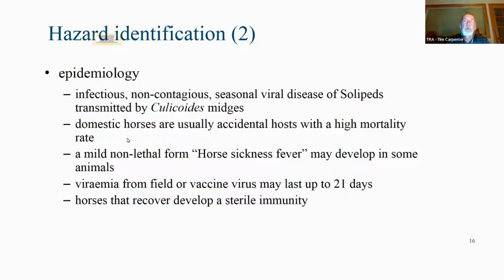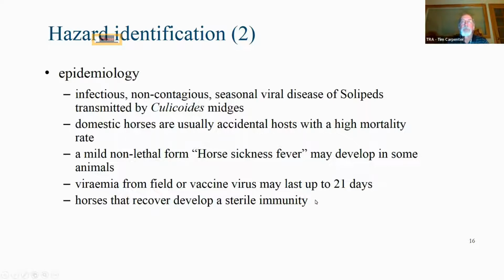Okay, the domestic horse is an accidental host, and the pathogen can be highly mortal with a 90–95% mortality rate, or the infected animal may have a mild viremia, mild fever affecting it.